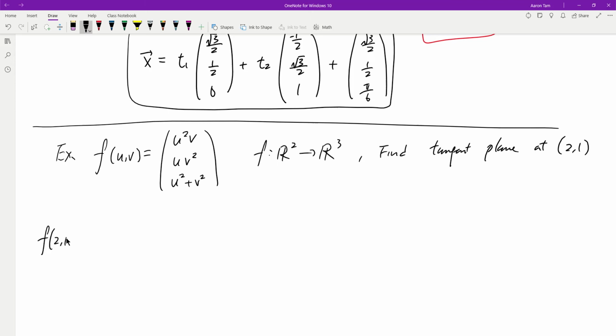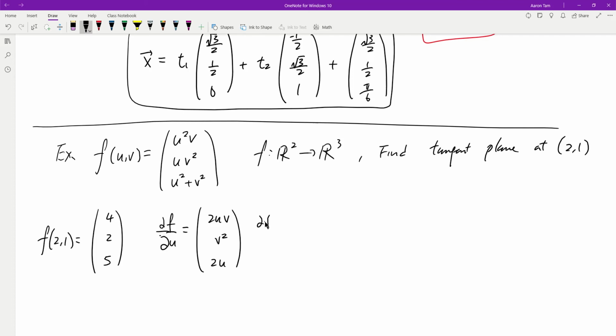Therefore, the three vectors that we want: f of (2, 1) would be (4, 2, 5), since 2 squared plus 1 squared is 5. df over du, you probably remember we did the top two coordinates already, would be (2uv, v squared, 2u). So df over du at (2, 1) would equal (4, 1, 4).